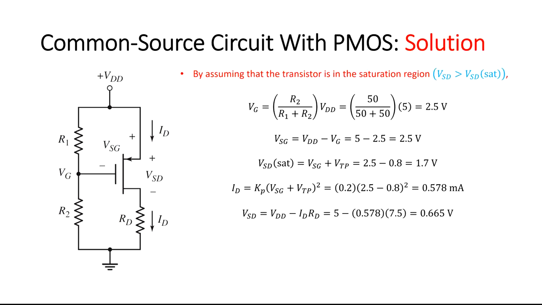However, this also reveals that the transistor is in the non-saturation region rather than the saturation, since the calculated source to drain voltage is less than its saturation level.